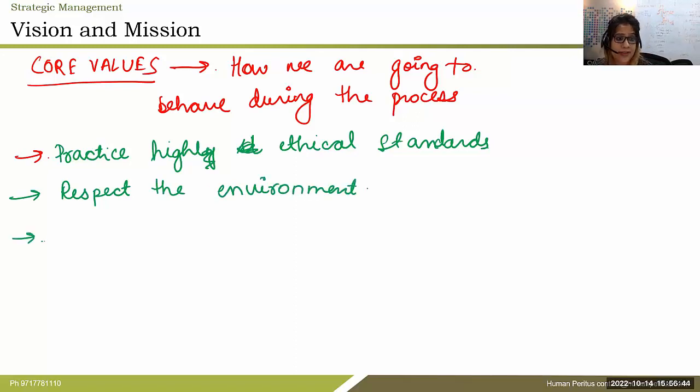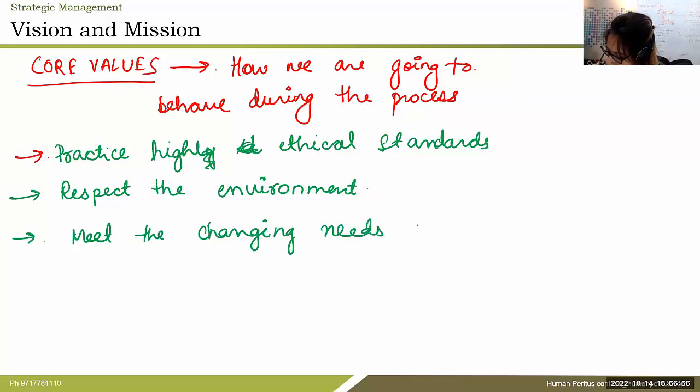My core value is that I will keep on innovating new products, which means that I am going to meet the changing needs of the customer. My core value is that no matter what, I want to be the best among my competitors.